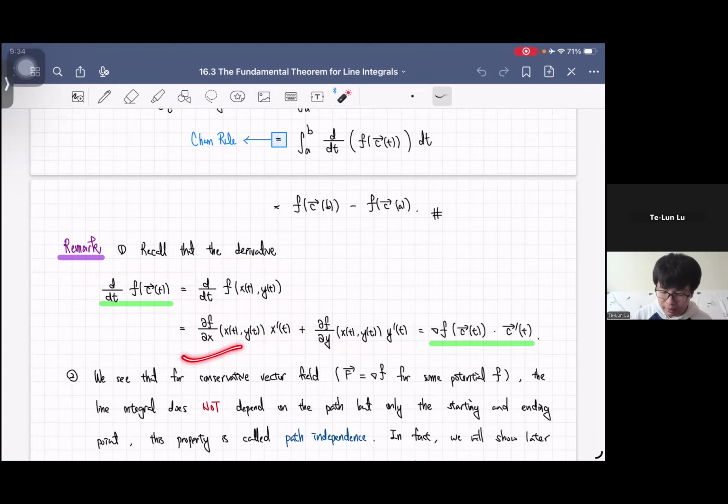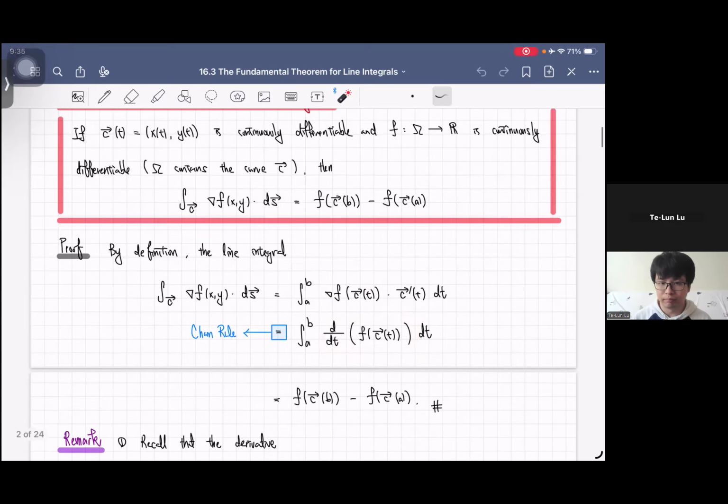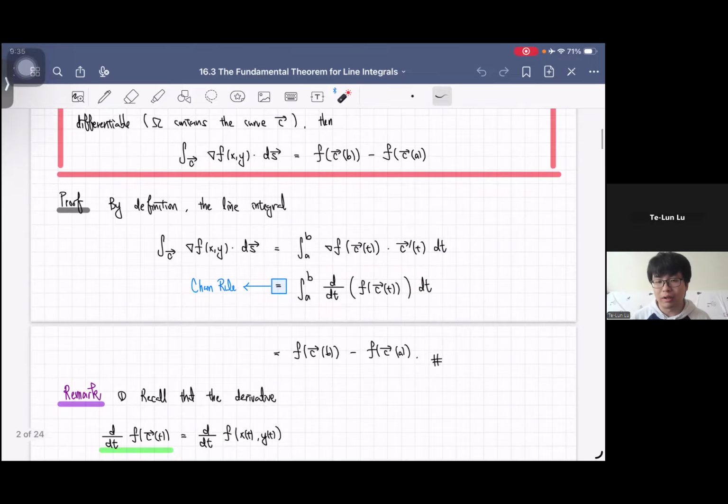And this is basically the dot product between the gradient vector field evaluated at C, taking the dot product with C'. So we see that this can be rewritten back into the differentiation of f(C(t)) as a one-dimensional function. And then it is the fundamental theorem of calculus.